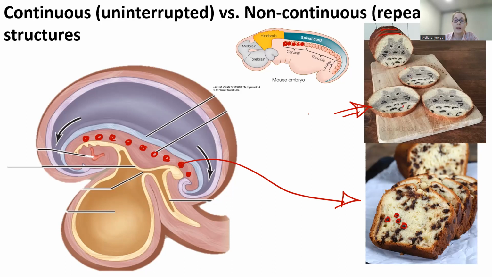That's called transsegmental, because it goes the entire length of the bread. The chocolate chips are segmental because they are in the bread, but they're at various places in the bread, so you have to cut through them in order to see them. Okay, so that's hopefully helpful with what's transsegmental and what's segmental.